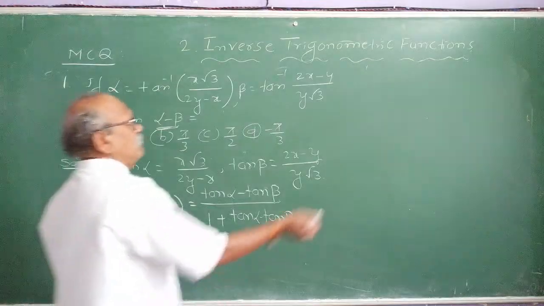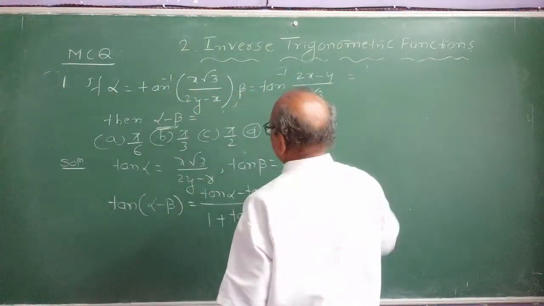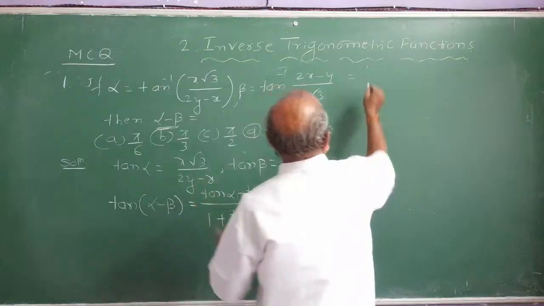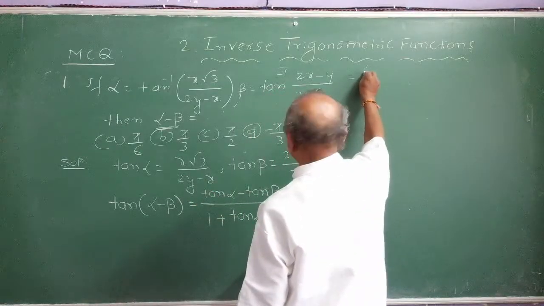What is tan alpha? Tan alpha is x root 3 upon 2y minus x.